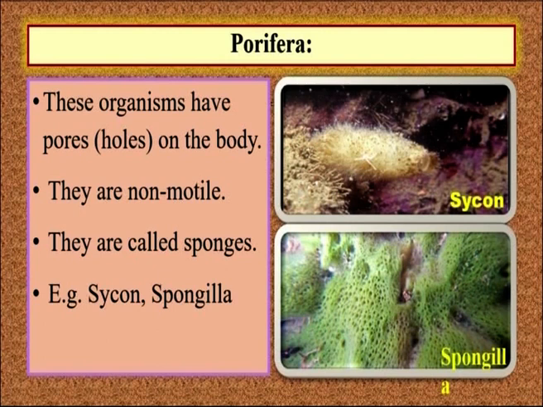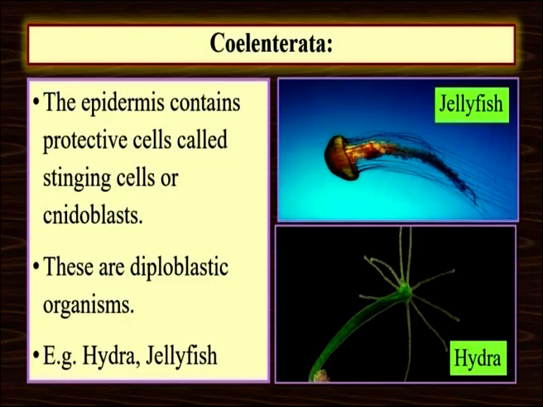Porifera. When we look at the characteristic features of Porifera, these organisms have pores, holes on the body. They are non-motile. They are called sponges. Examples, Sycon and Spongilla. Coelenterata organisms, the epidermis contains protective cells called stinging cells or cnidoblasts. These are diploblastic organisms. That means their body is covered by two membranes.